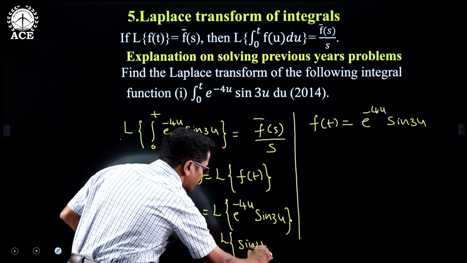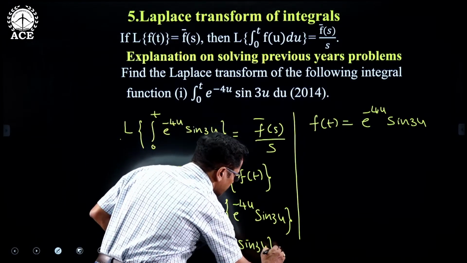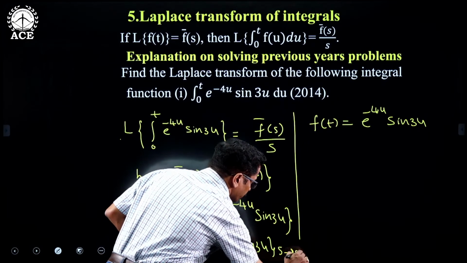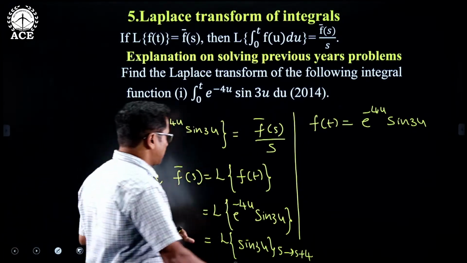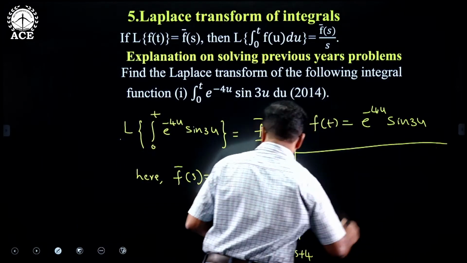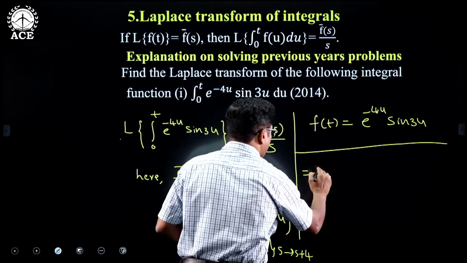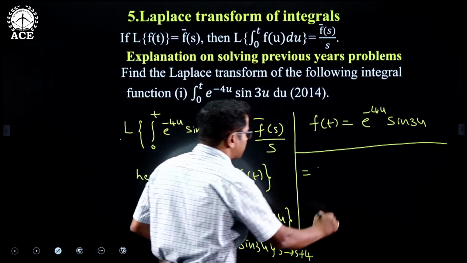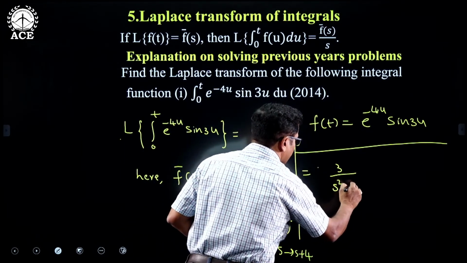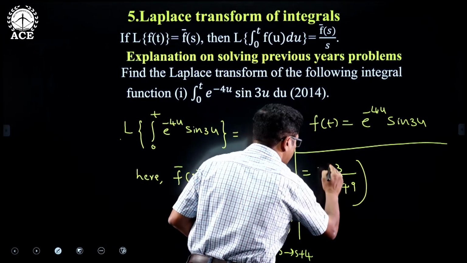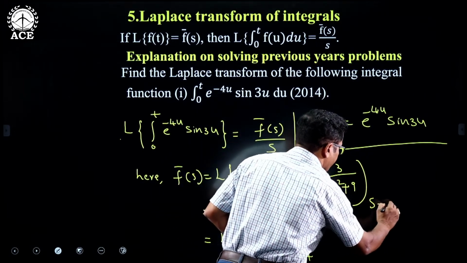L of sin 3u where s is shifted to s plus 4, right? So L of sin 3u means 3 by s square plus 3 square, that is 9, where s is shifted to s plus 4.